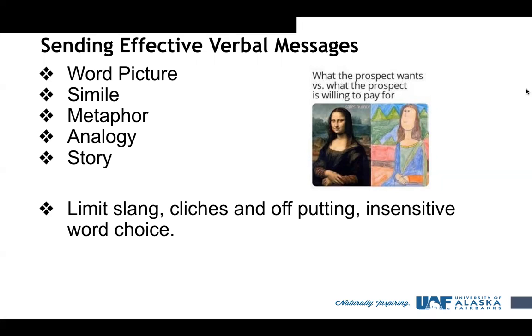So it's trying to compare two things that you might not necessarily see a link between, but it's comparing those things. A metaphor is similar. It's a figure of speech which makes a comparison between two different things, but that they have some sort of common characteristic between them. So metaphors are showing that two things are alike, and there may be some common characteristics, whereas a simile is basically taking two things that are very different and trying to make a connection between those things.